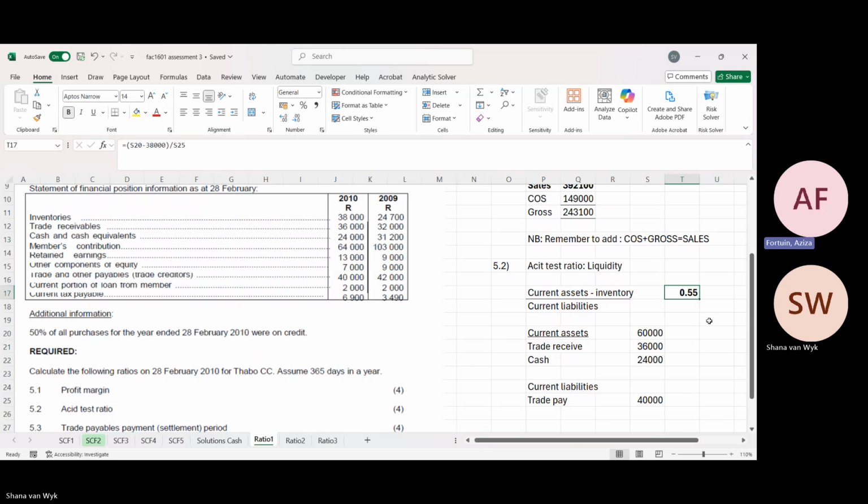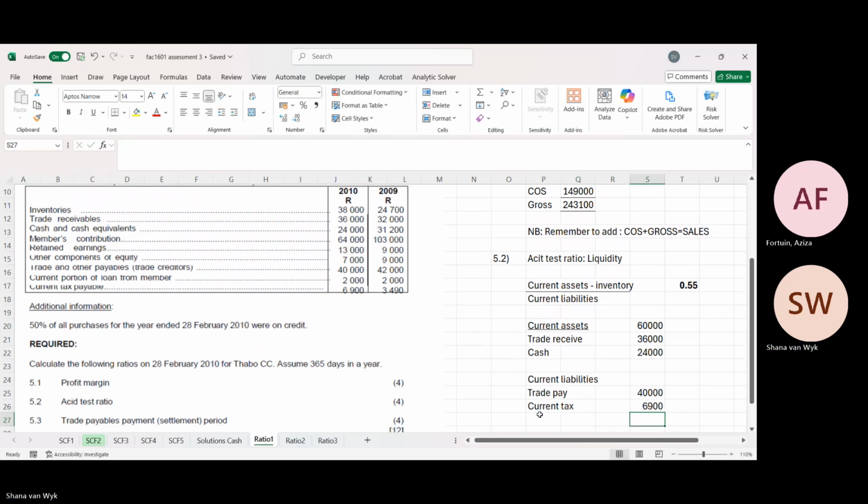But what about the current portion of the long-term loan? Isn't that 2000, and the current tax? Isn't that a current liability? Current tax is 6,900. Is it the portion loan from member?